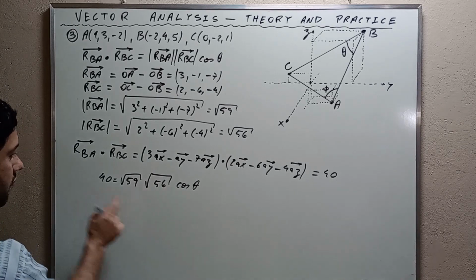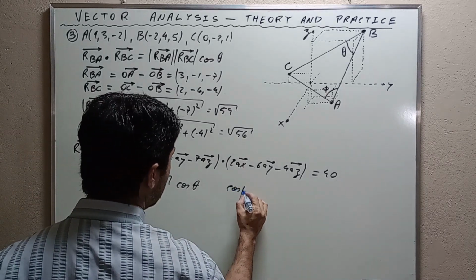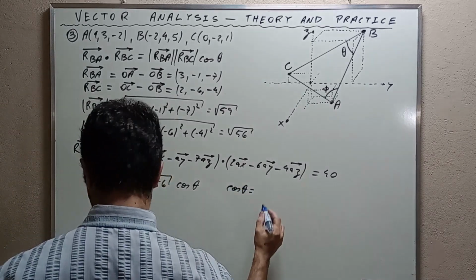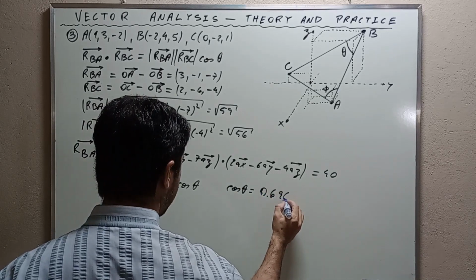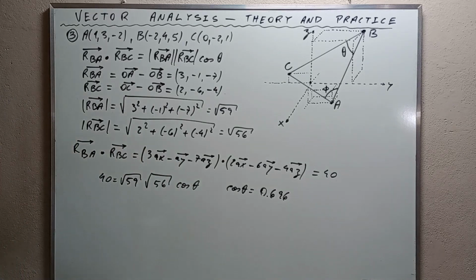If we pass this dividing, the cosine of theta is 0.696, but we don't want the cosine.